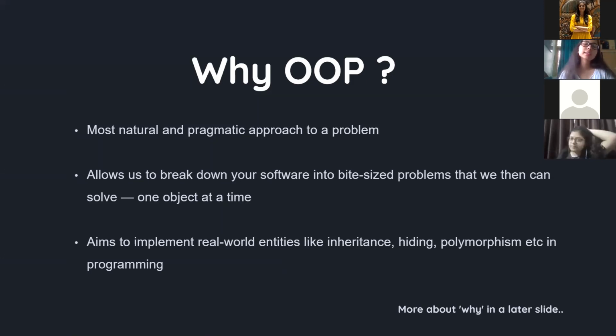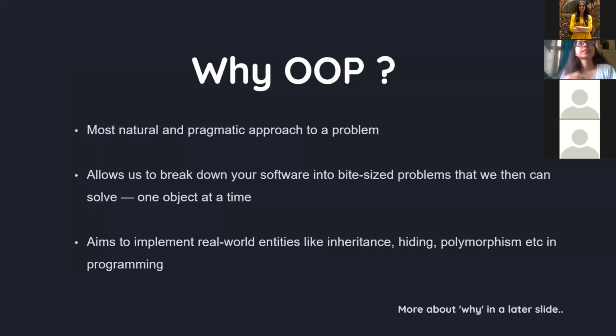The third thing is that it aims to implement real world entities. And we see inheritance and data security and hiding and polymorphism everywhere around us. Even if we take layman examples, if I talk about polymorphism, then here I'm a fellow explorer.